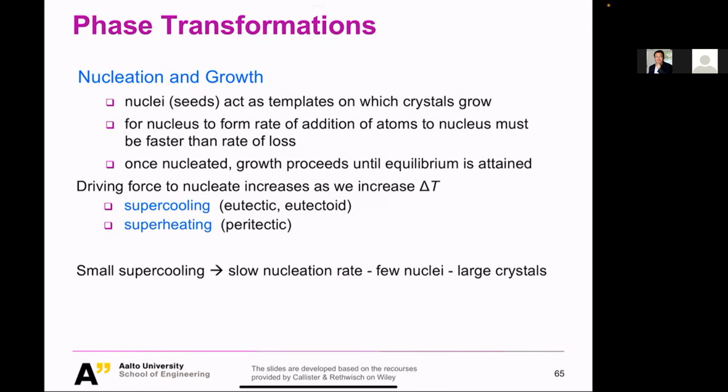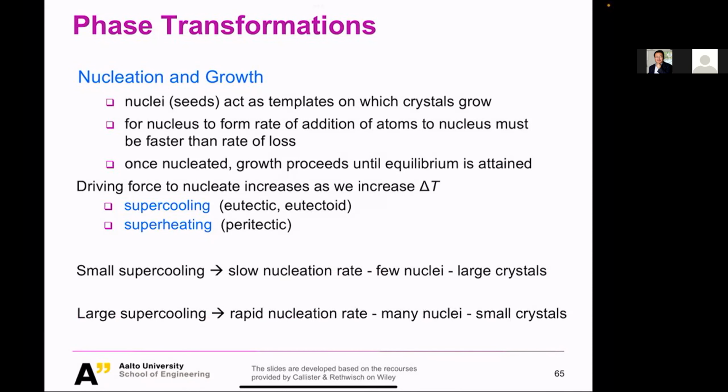Something you should get in addition is when you apply a little bit of supercooling, this is related to the nucleation. With small supercooling, you will not be able to generate many nuclei. You will generate just a few and they will grow. The consequence is you're going to have large crystals or large grains, right?